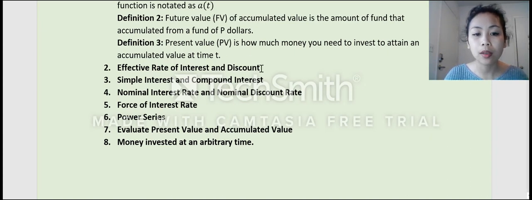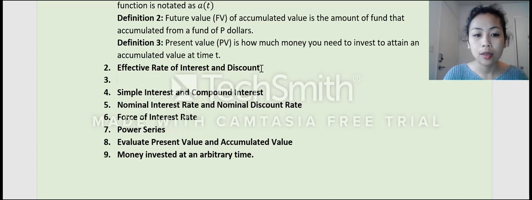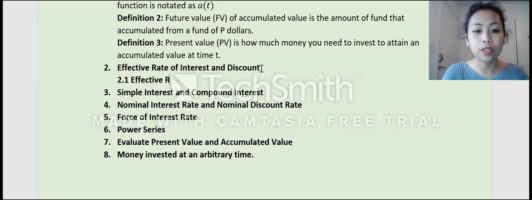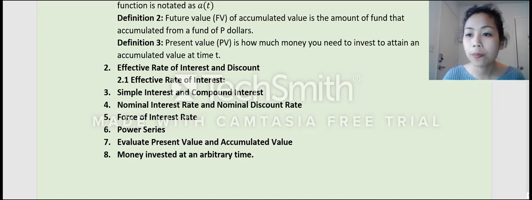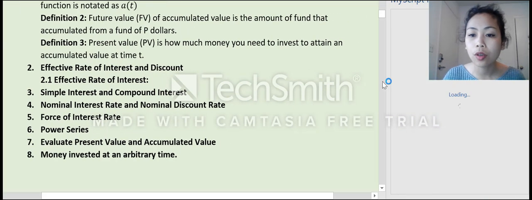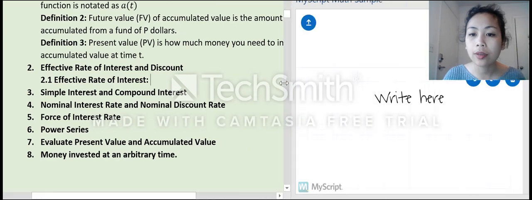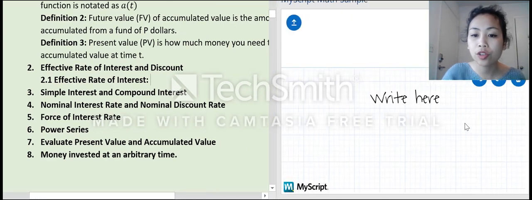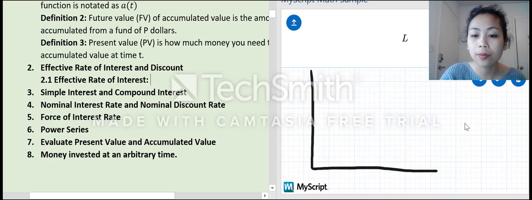So first, 2.1 effective rate of interest. Suppose your accumulation function looks like this shape.